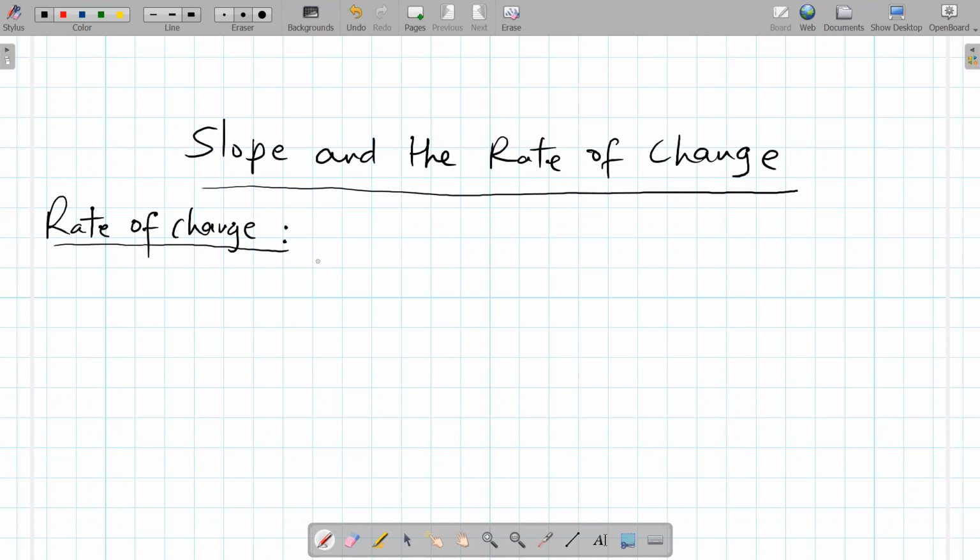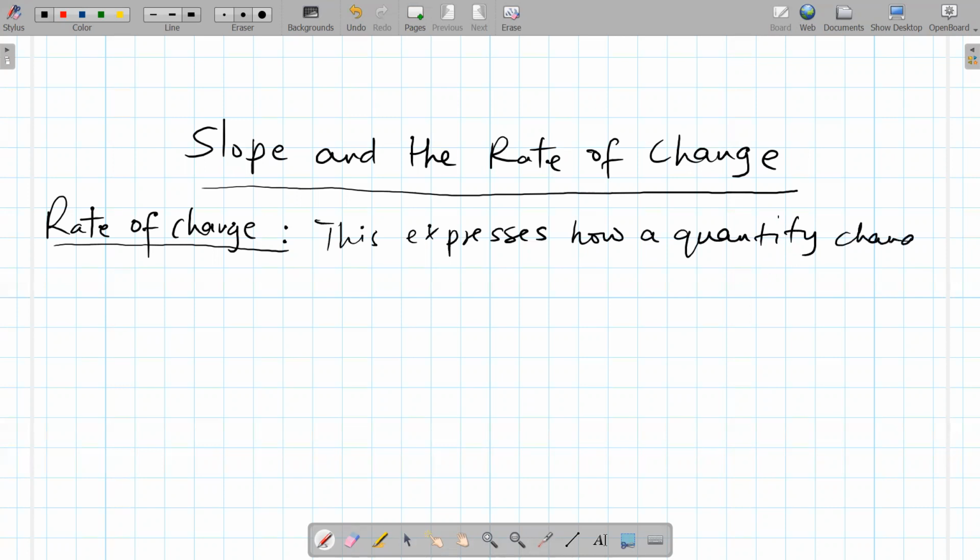So let me put it this way, that the rate of change expresses how a quantity changes in relation to another quantity.